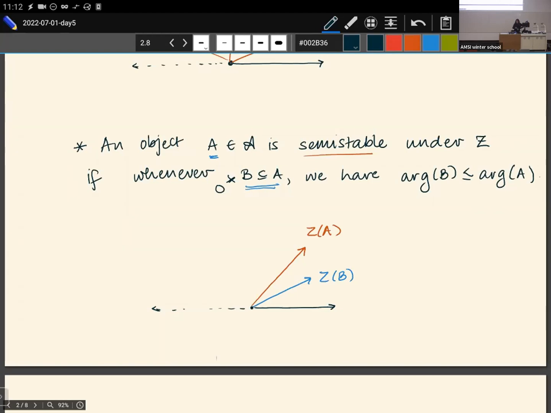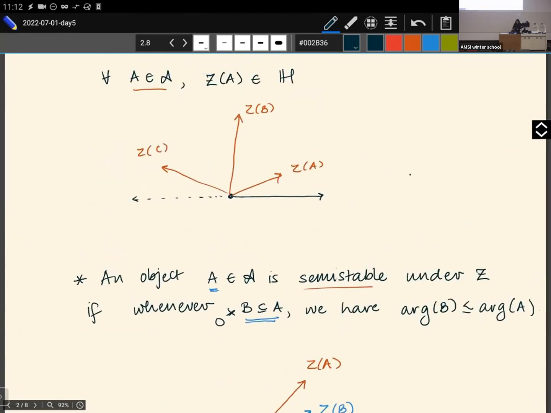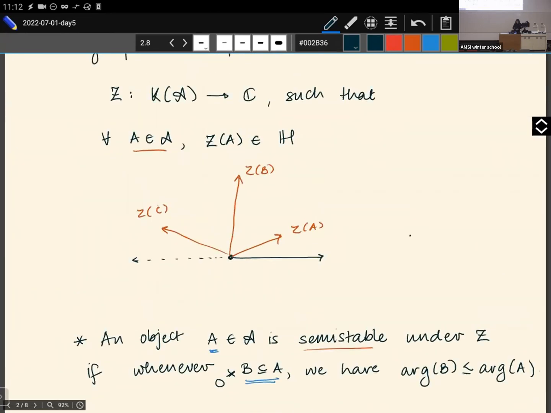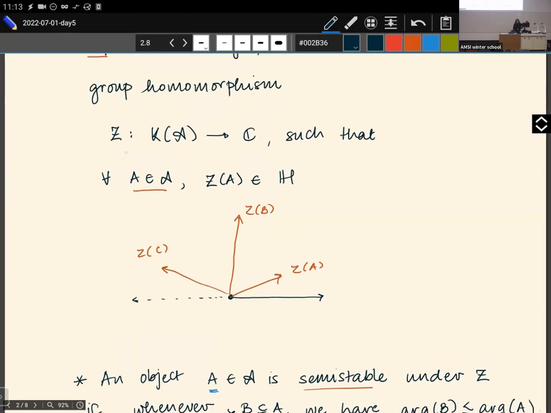Okay, so in principle, I can choose a Z, and then I can enumerate or check for every object, is it stable, or sorry, I'll sometimes say stable, I mean semi-stable. Is it semi-stable or is it not semi-stable? Okay. And now the idea is that a stability condition is a function Z like this with a certain extra property.